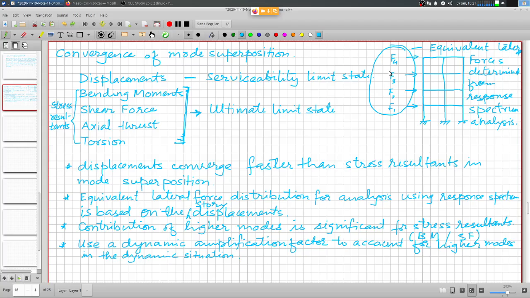Now another thing, we need to do this dynamic amplification factor to ensure strong column and weak beam, right? So we are doing this only for the columns.